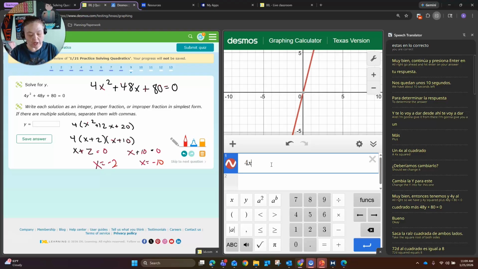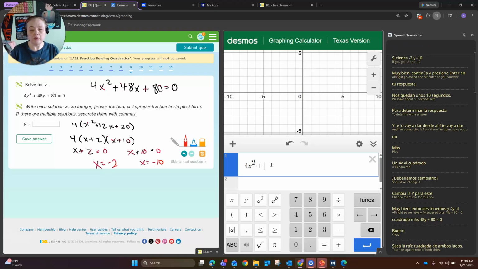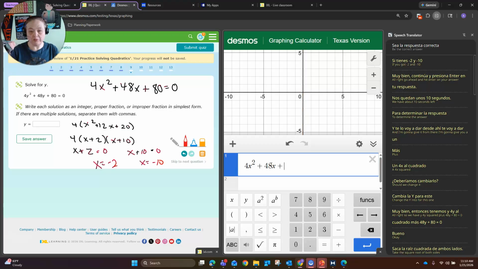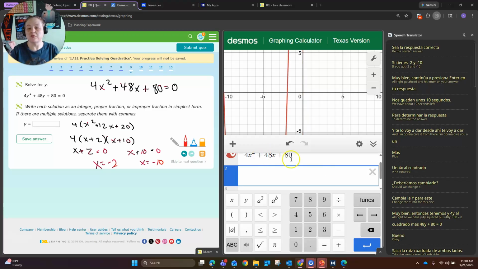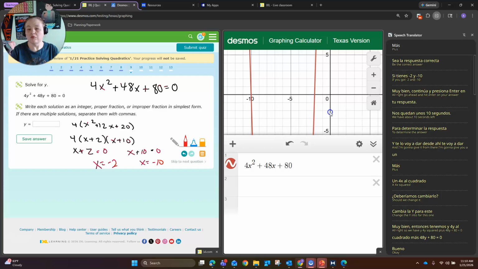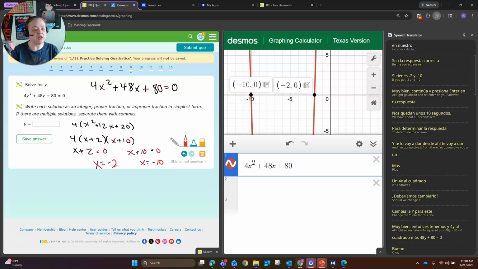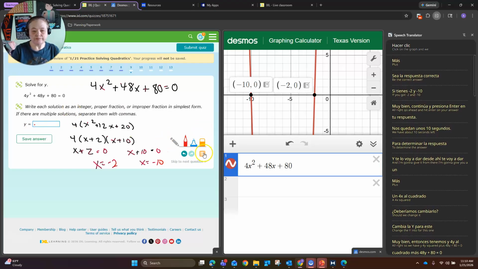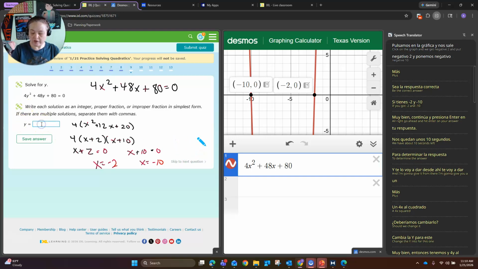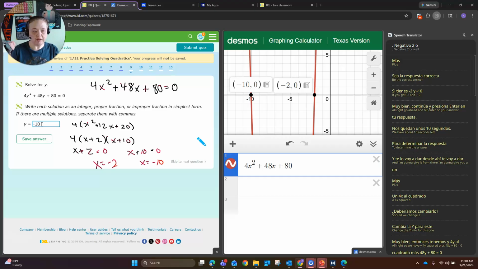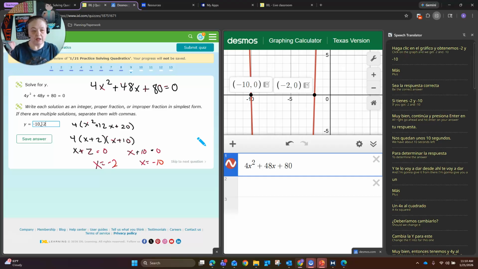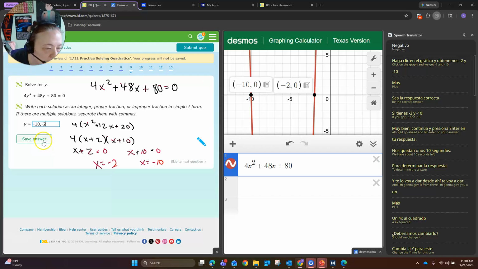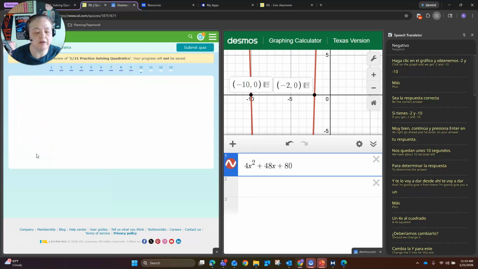So let's put 4x squared plus 48x plus 80 into our calculator. Click on the graph and we get -2 and -10. Well, 10 comes first: -10, -2. Whether it likes my formatting or not, we know those are the correct answers.